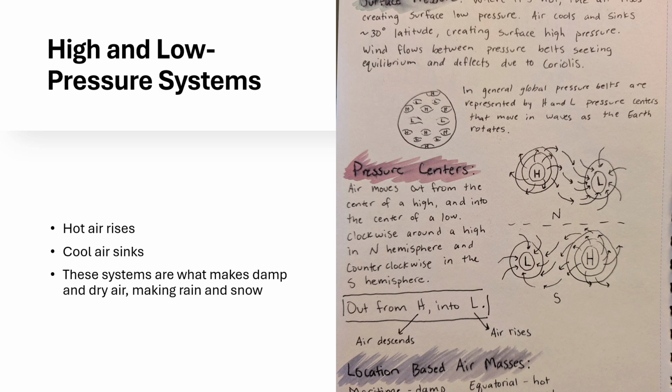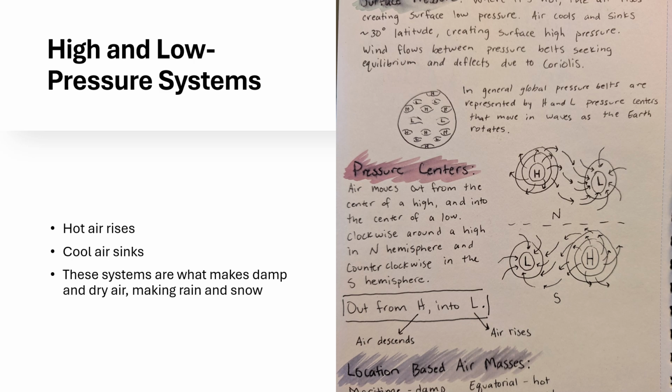And besides just looking at your daily newscast, weather forecast, you can also use something that I really like, which is called the Windy app. And this is good because it'll show you not only the high and low pressure systems, but it shows you the direction of the wind and how it's moving.